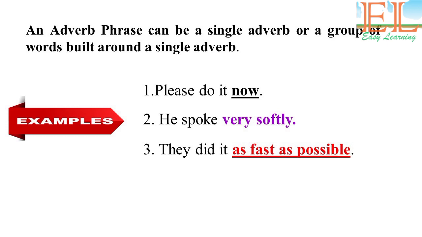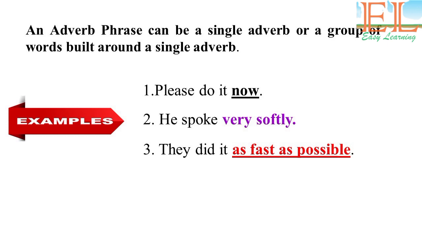So let's see what we have for the adverb phrase on the slide. An adverb phrase can be a single adverb or a group of words built around a single adverb. Here are 3 examples. "Please do it now." We have now as an adverb functioning as the adverb phrase in the sentence.